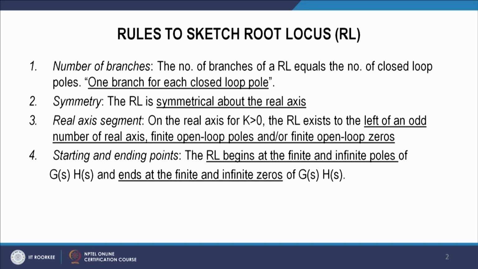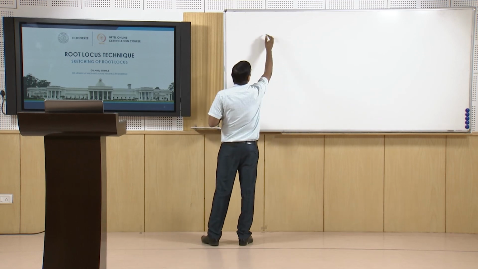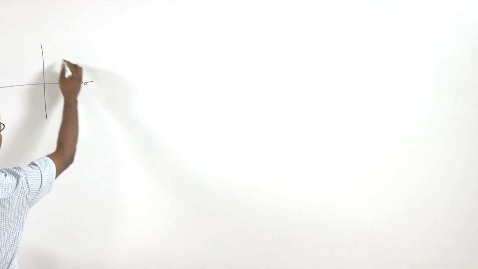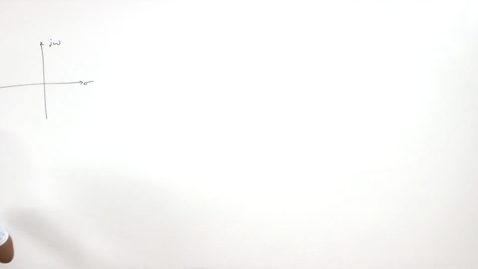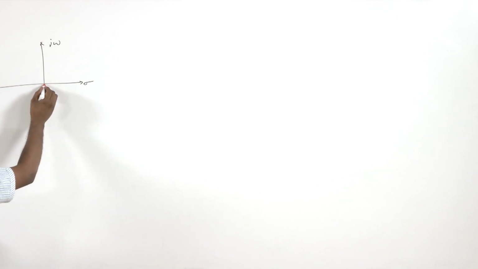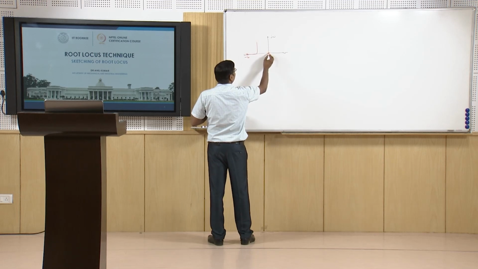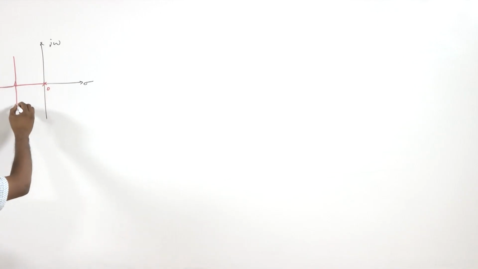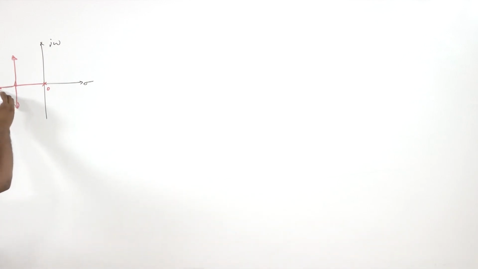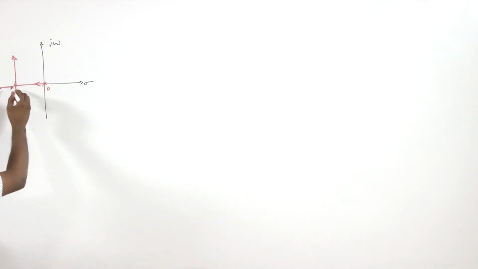In the previous example, we saw that the poles started at -10 and 0, and they moved like this when we varied K. So the question is, how many branches should a root locus have?